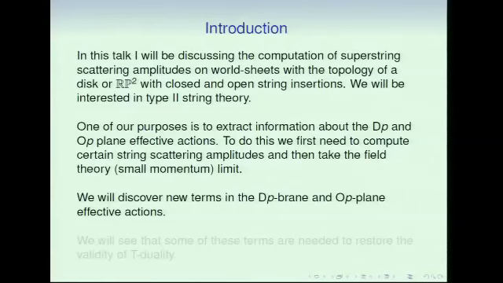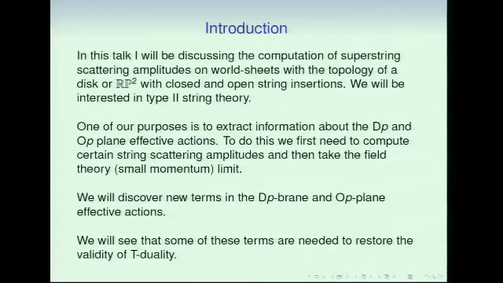So the novelty of some of the terms that we are going to find is, first of all, they are higher order derivatives, so they are fourth order derivatives, and moreover they include not only the metric but also the B field. We will see that some of these terms are actually needed to restore consistency of string theory.